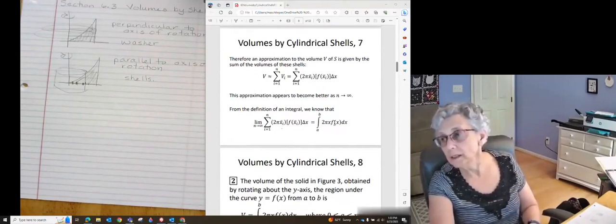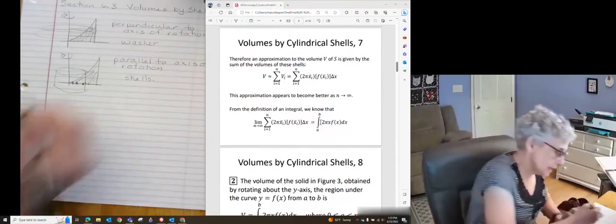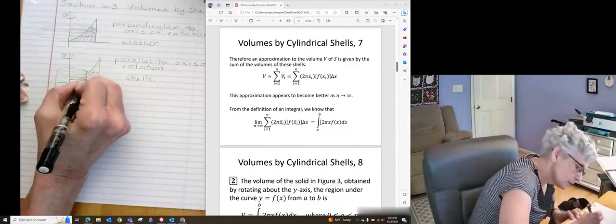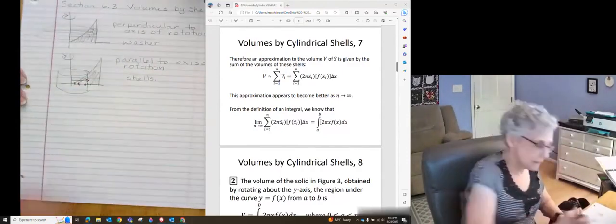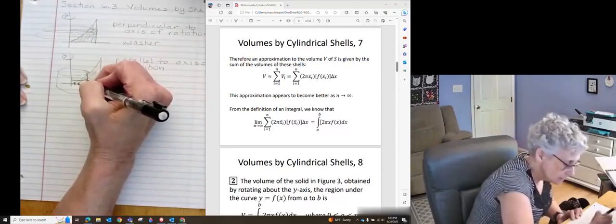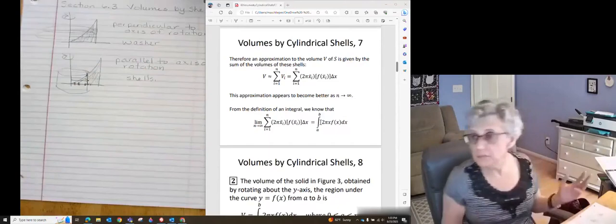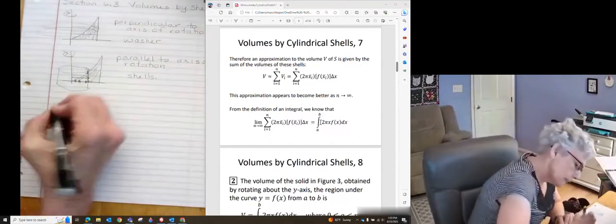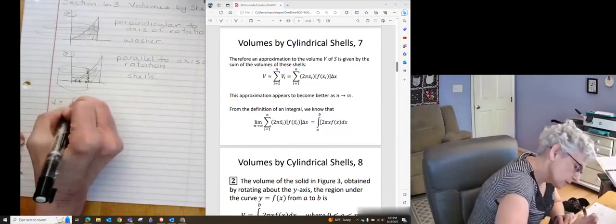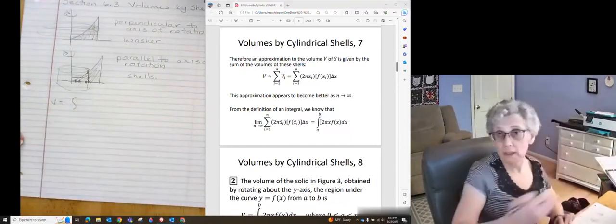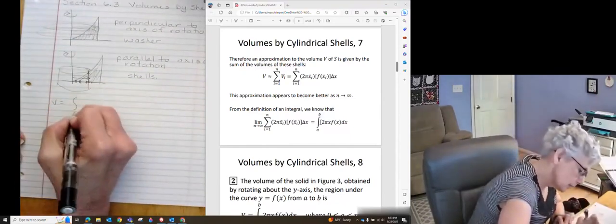So what you end up with is 2 pi times the radius of your shell, which in this case would be your x coordinate, times the height of your shell, which would be f of x. So your volume is going to be the integral from one end of your region to the other.